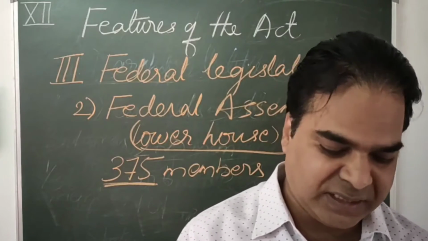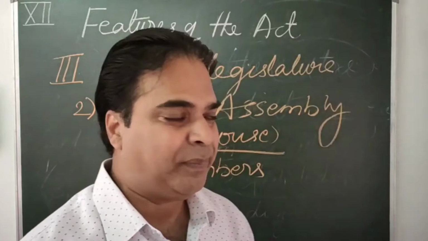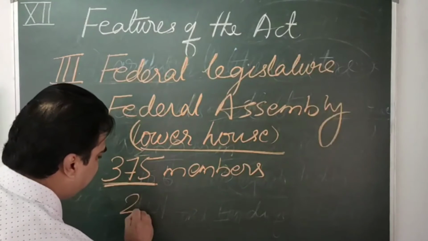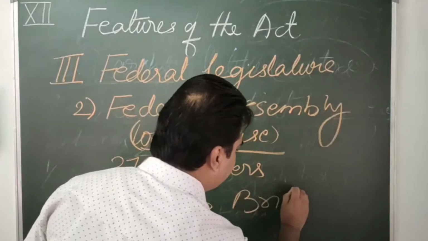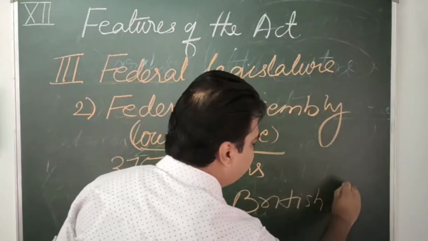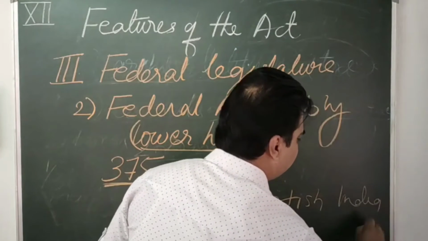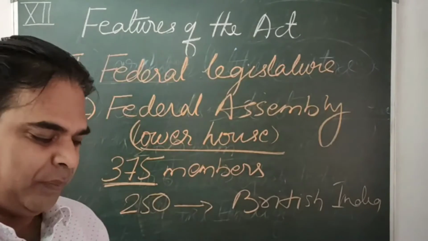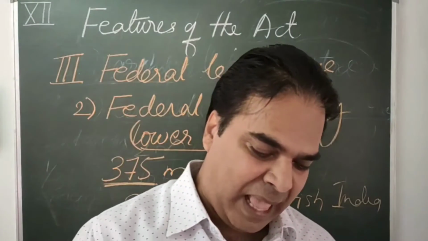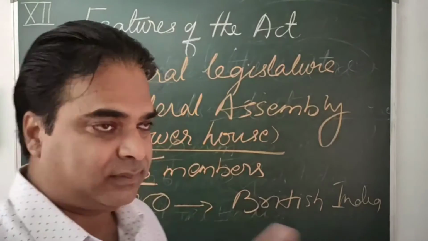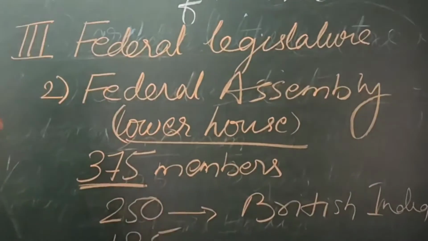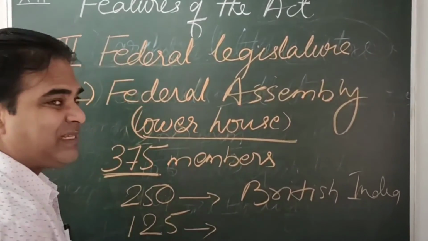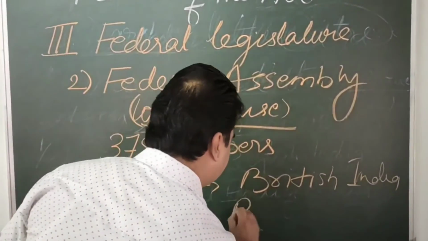Out of 375 members, 250 represented British India, and not more than 125 represented the princely states.